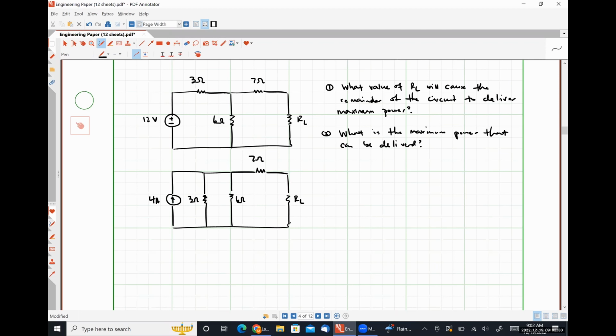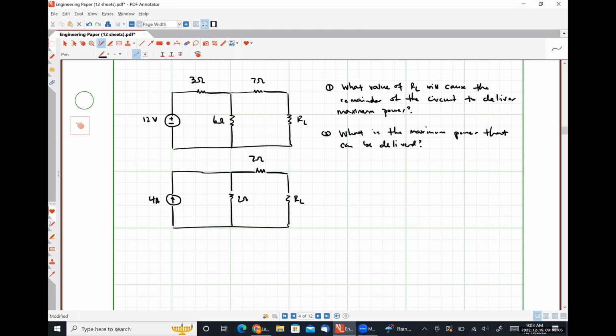So what's 3 and 6 in parallel? 2. What next? So we want to leave RL alone, right? We don't know what RL is, so it's hard to.